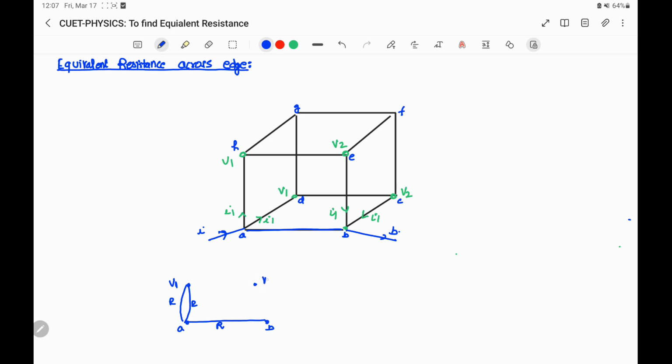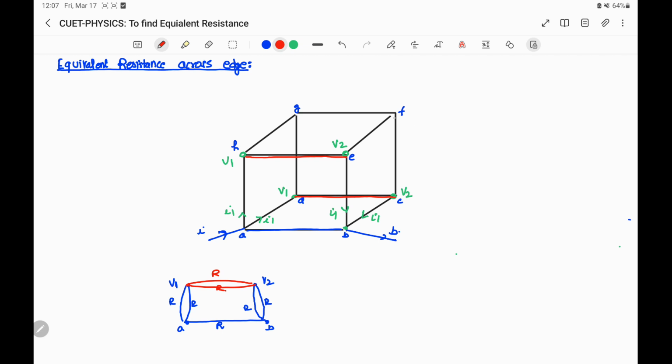Similarly, another point is at potential V2, across which two resistors are in parallel. Between V1 and V2, there is a branch HG and another branch DC, so these resistors are in parallel.